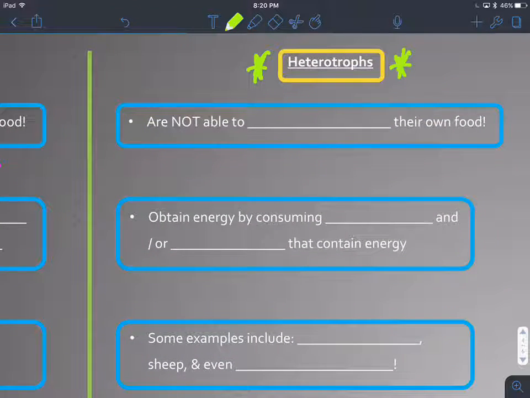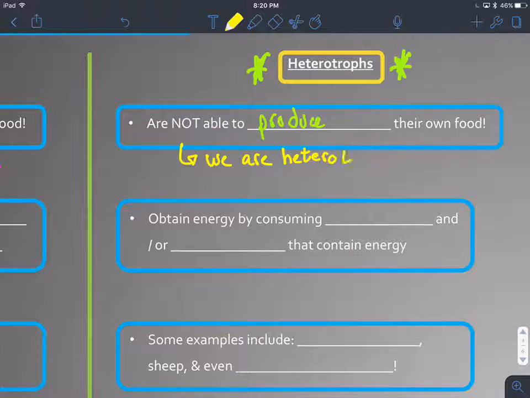They're not able to produce their own food. Hint, hint, we are heterotrophs. Okay? We obtain energy by consuming animals.